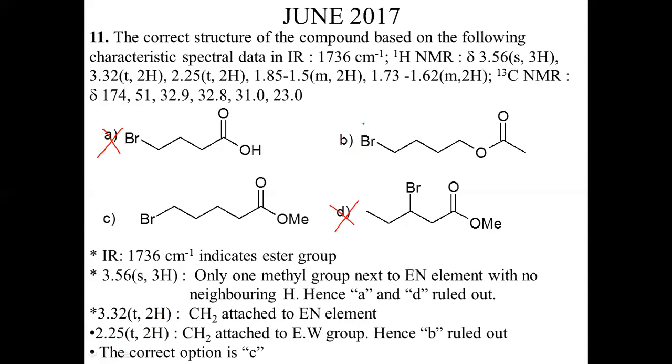So here, your CH2 and this CH2 both are attached directly to an electronegative element, whereas here, the CH2 is attached to an electron withdrawing group and this CH2 is attached to an electronegative element. So I can discard option B and your answer will be option C.